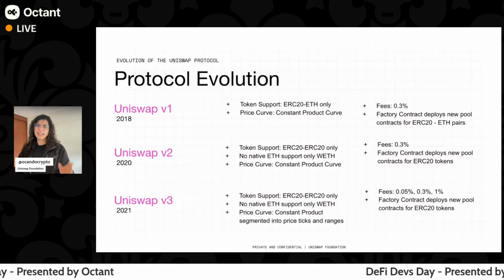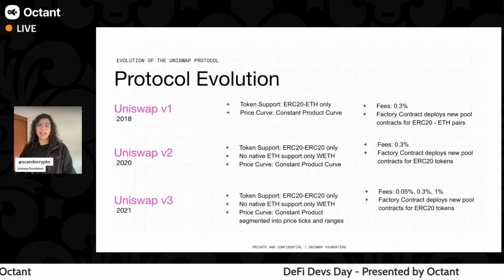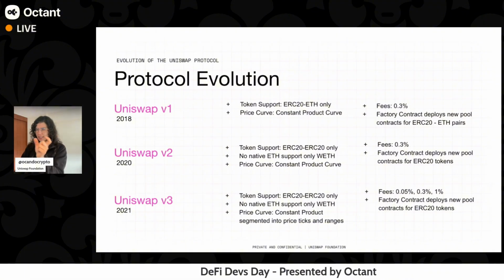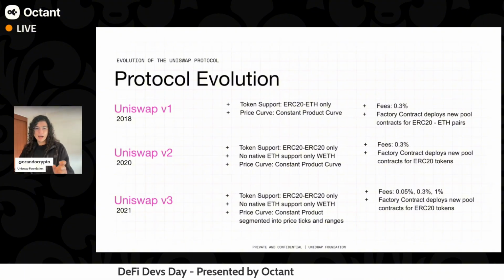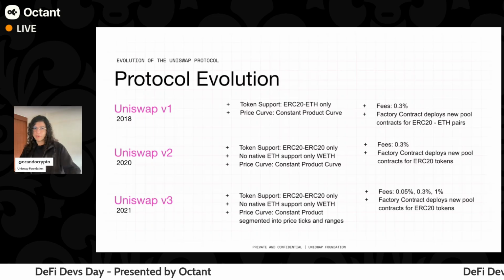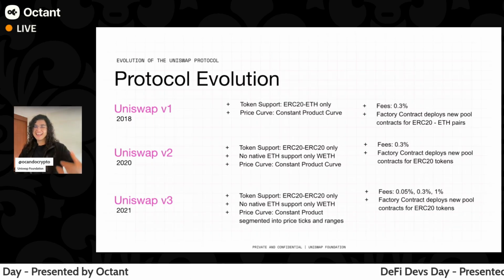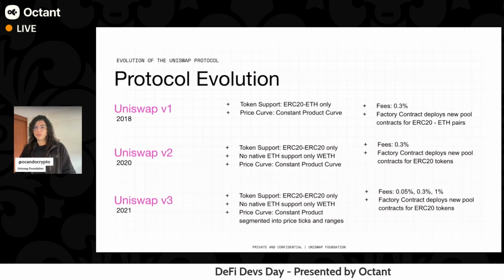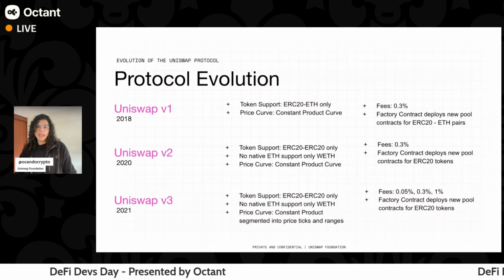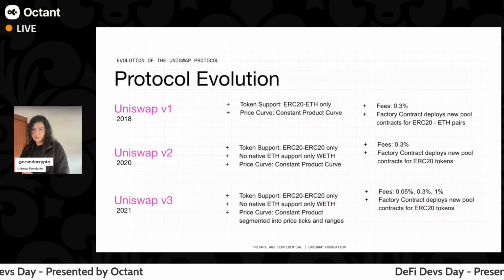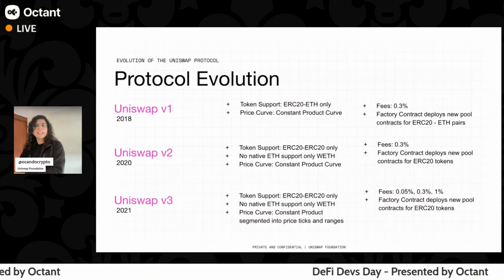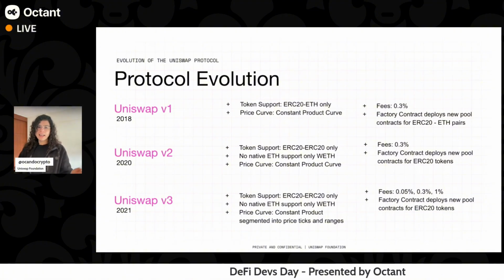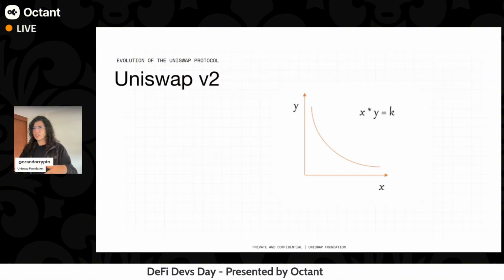Again, the fee was fixed, and the price curve was a constant product curve. No worries about that, we're going to see it in a few seconds. And then Uniswap v3, back in 2020-21, also has any ERC20 to ERC20 tokens, more fee tiers, and the price curve changed a little bit.